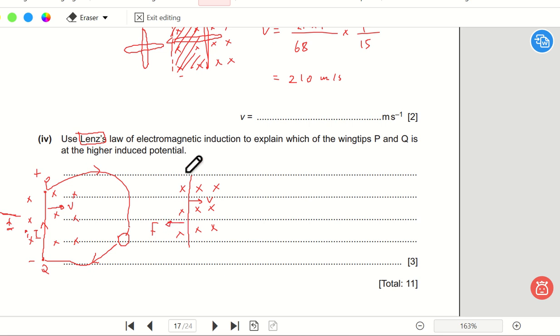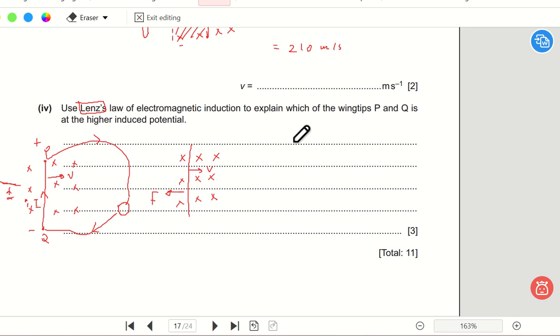And if we have a wire with a magnetic force backward, then we should have a current. So the current should be upward by Fleming's left hand rule. Why did we use Fleming's left hand here?